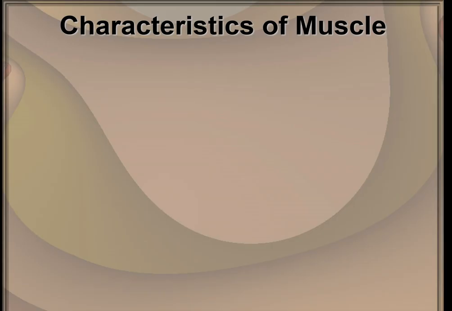So characteristics of muscle. We've got about 6 characteristics of muscle we'll talk about. Different types of muscle, most of the muscles have these same characteristics. The first one is muscle is said to be responsive. It's excitable. That simply means it responds to signals.